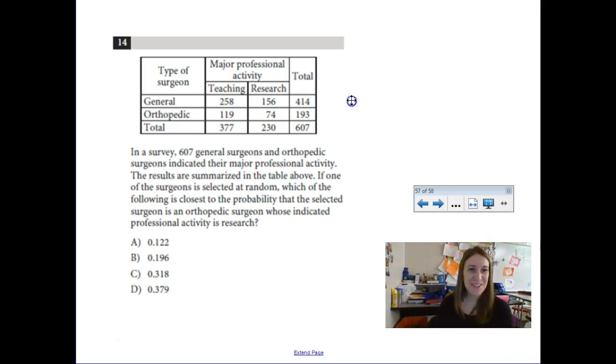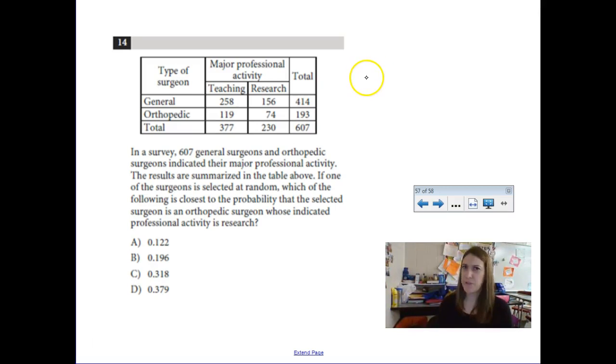All right, so in a survey, 607 general surgeons and orthopedic surgeons indicate their major profession activity. The results are summarized in the table above. If one of the surgeons is selected at random, which of the following is closest to the probability that the selected surgeon is an orthopedic surgeon whose indicated profession activity is research?